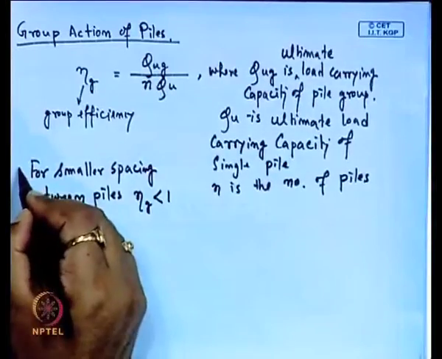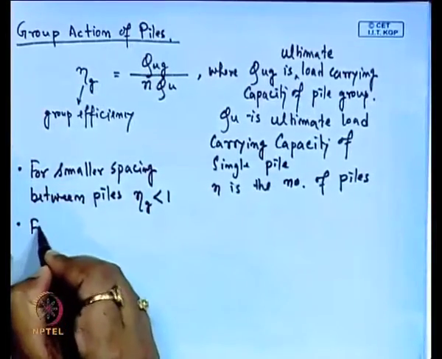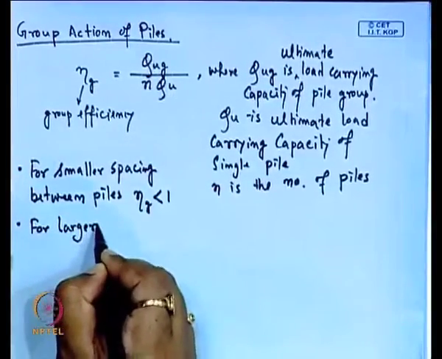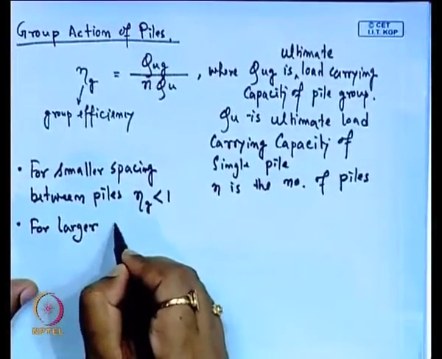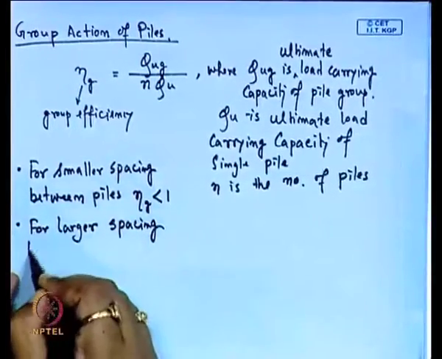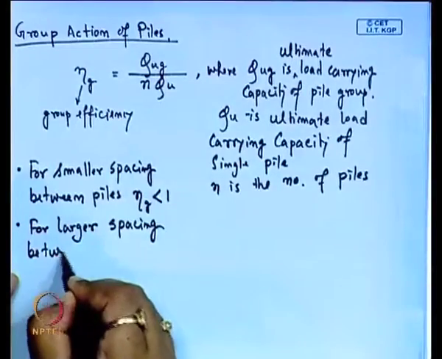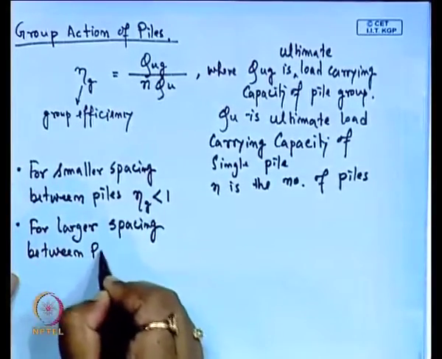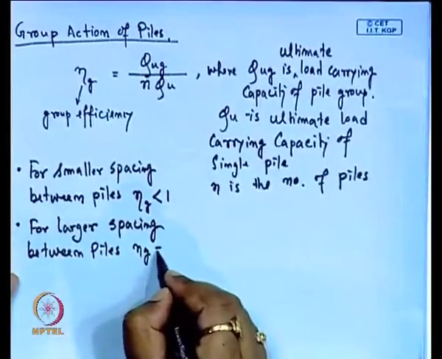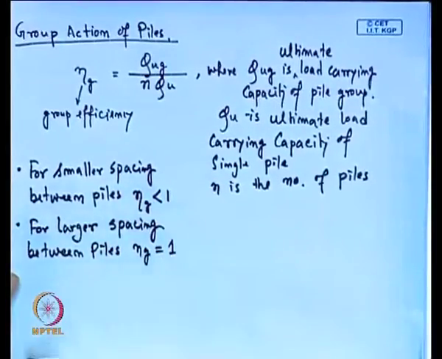Now for larger spacing, the group efficiency is equal to 1.